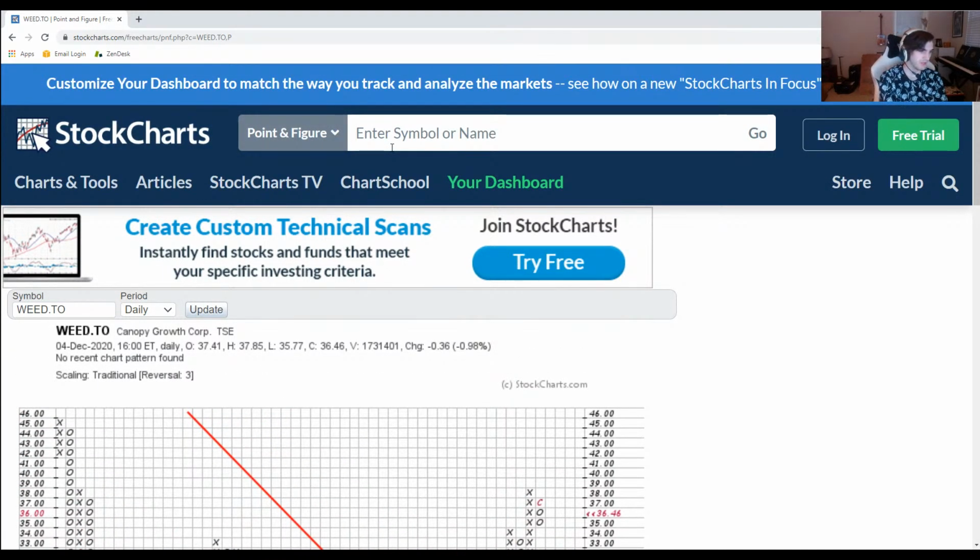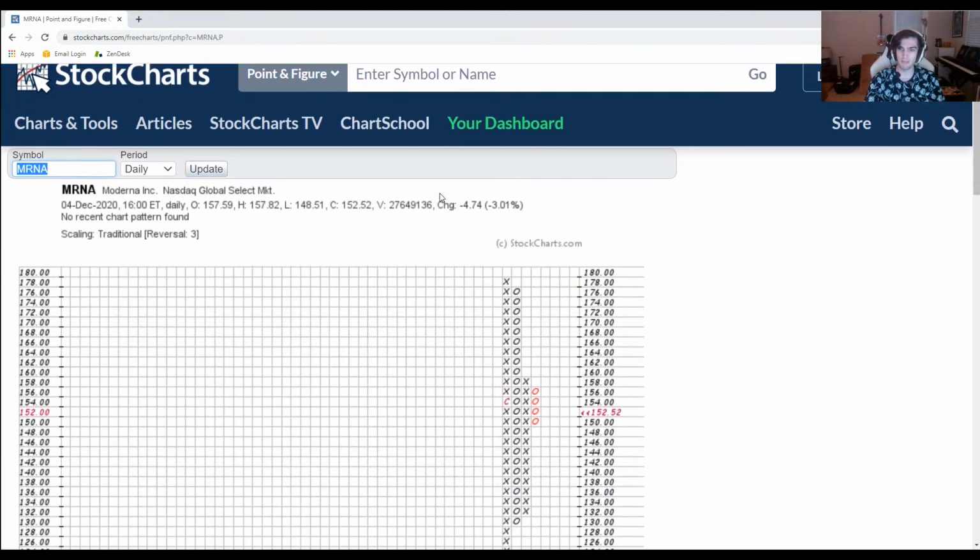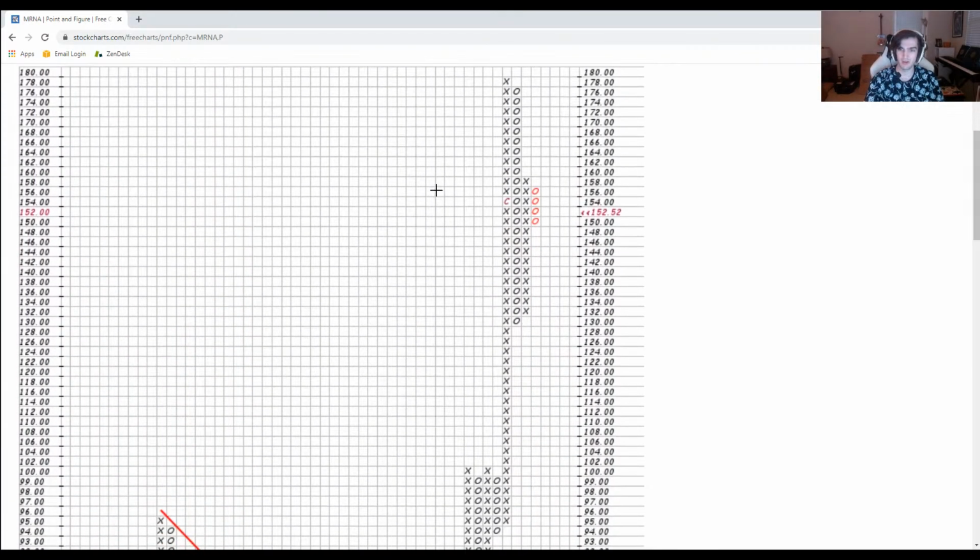So let's go quickly look at mRNA, and we'll find some double top and all of those kinds of breakouts. Before I talk about anything here, this is all my opinion. We are talking about Moderna, which is a company that is currently working on a vaccine for the coronavirus, for COVID-19.